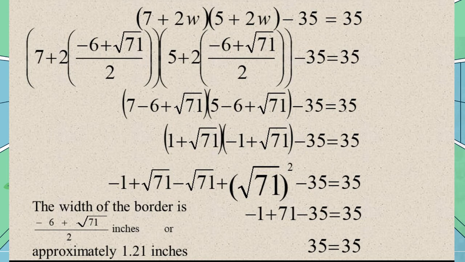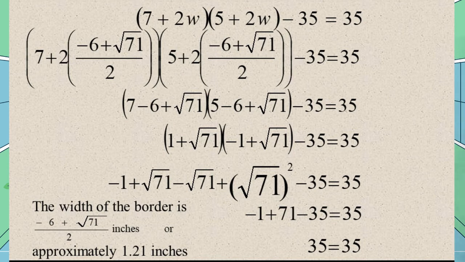We check if negative 6 plus the square root of 71 over 2, or 1 21/100, is a solution. Using the original equation, we replace W by negative 6 plus the square root of 71 all over 2.